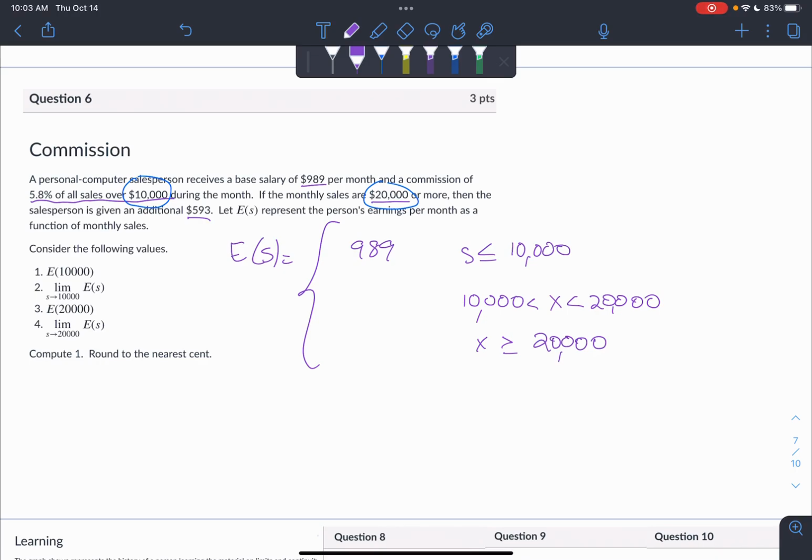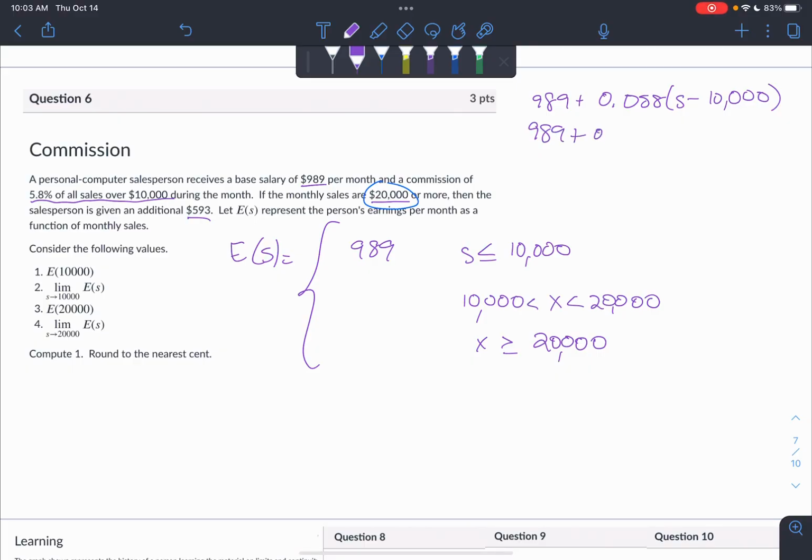So for $989, that's if you do less than or equal to $10,000. If you go over 10,000, you get the base salary plus 0.058, that's our commission rate, times the amount of sales over 10,000. This is like the first few problems that we did, so we have to subtract out that 10,000.